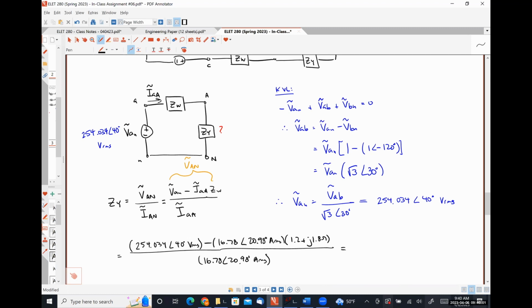I'm going to be a little bit lazy here. I'm going to store 16.78 angle 20.98 as Y, so that I'm going to have X minus Y times 1.2 plus 1.8 j, over Y.